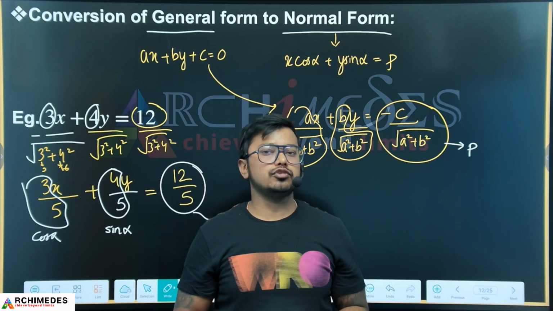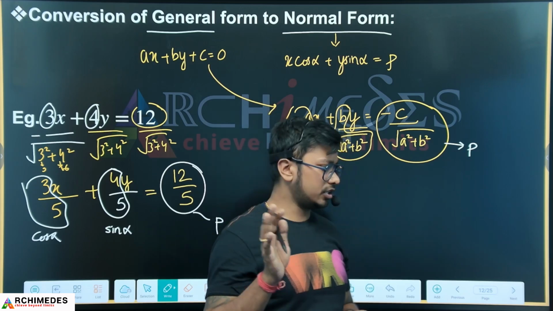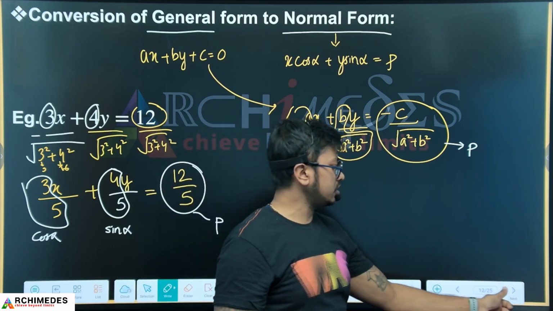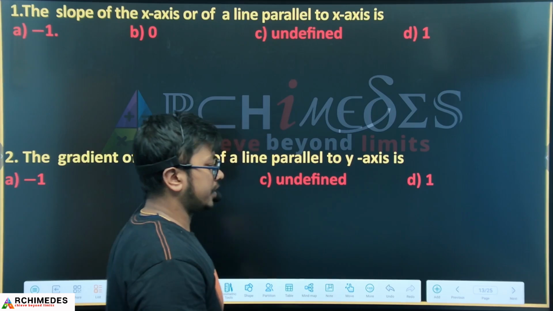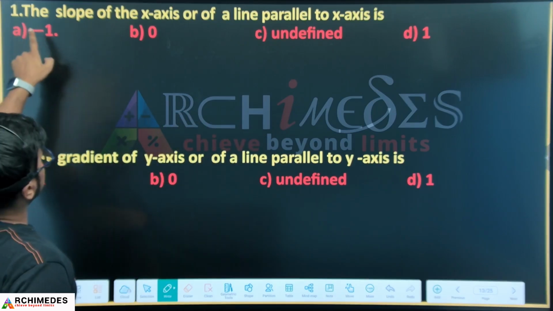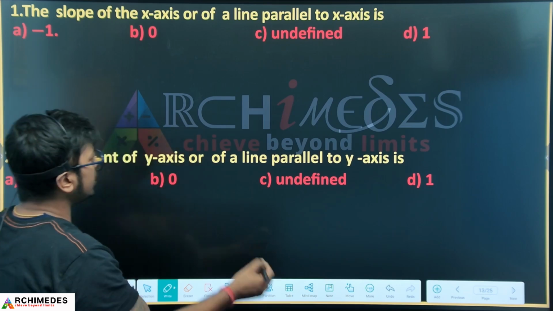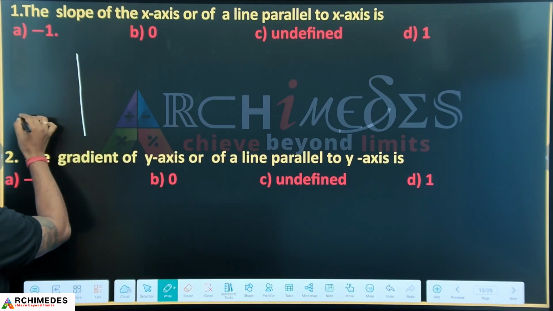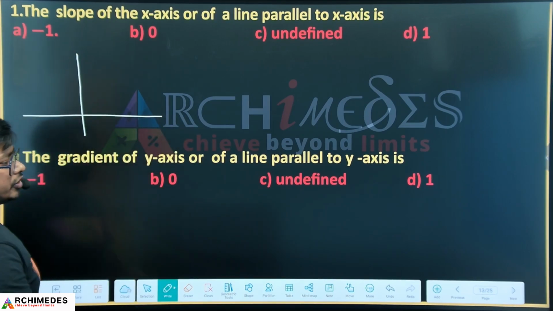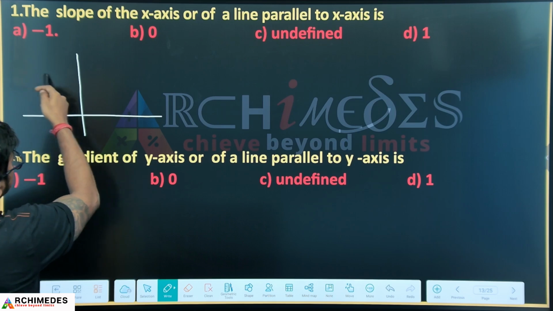By converting into slope intercept form. Am I clear? So let's proceed to our first question. Now what is the question? The slope of the x-axis or of a line parallel to the x-axis. Simple logic. If we draw a line on the axis or parallel to it, what is the angle?